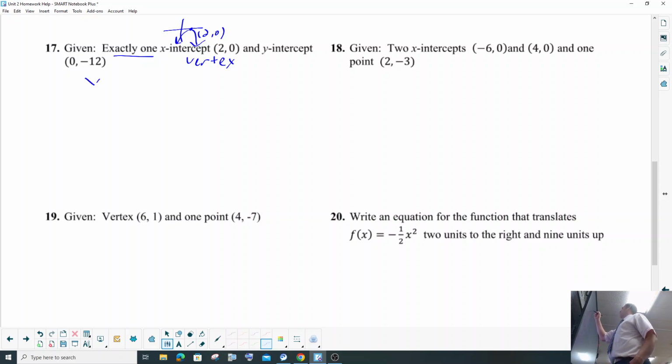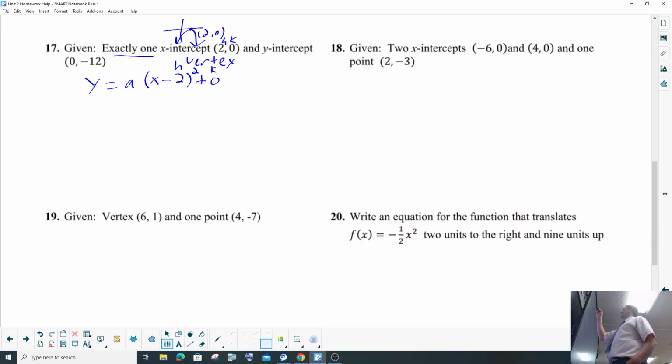Okay, so then we'll go y equals a times (x minus h) squared plus k, where our h is 2 and our k value is 0. That's our (h, k).